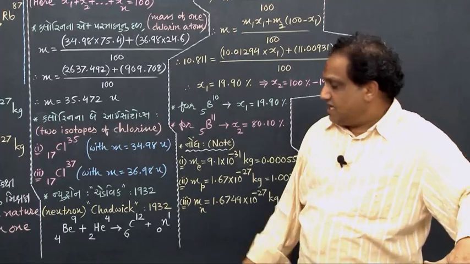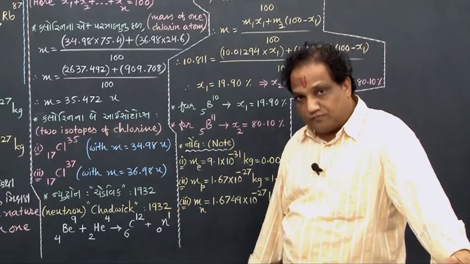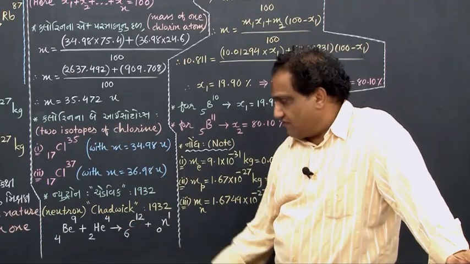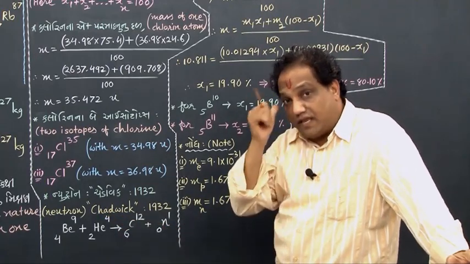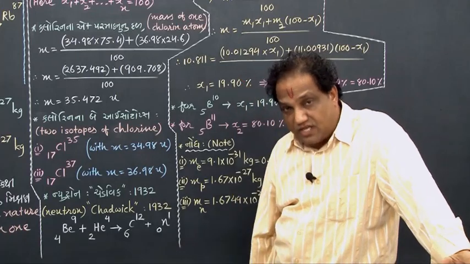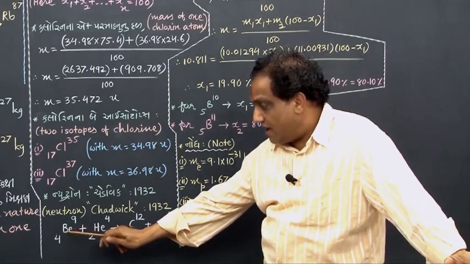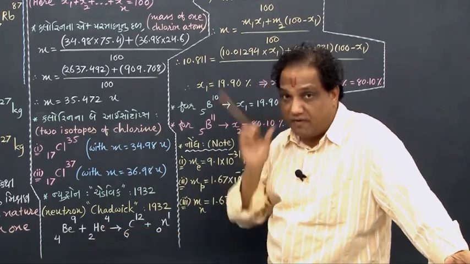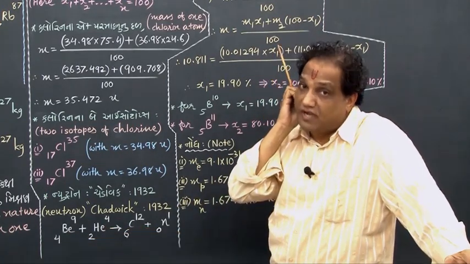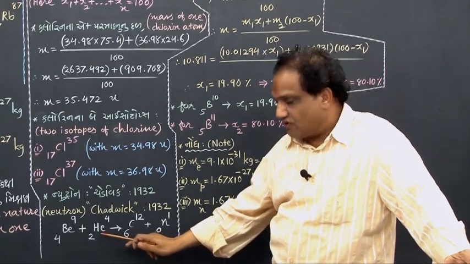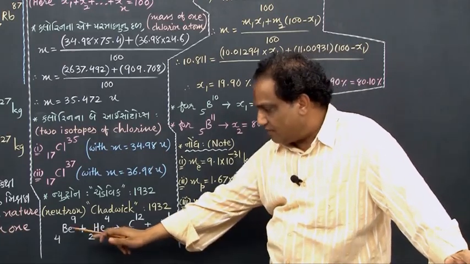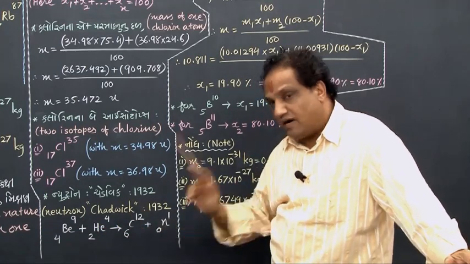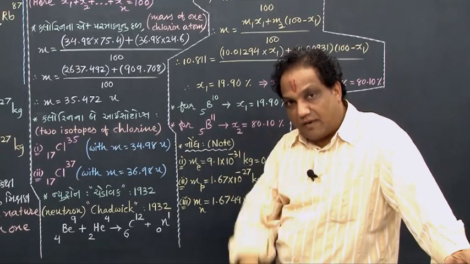Fine. What about neutron? History says that in the year 1932, there was an experimenter, Mr. Chadwick. He was a physicist, and he had proved experimentally that whenever beryllium is bombarded by alpha particles, meaning nuclei of helium atoms, a nucleus of helium atom being called an alpha particle, one particle is emitted.